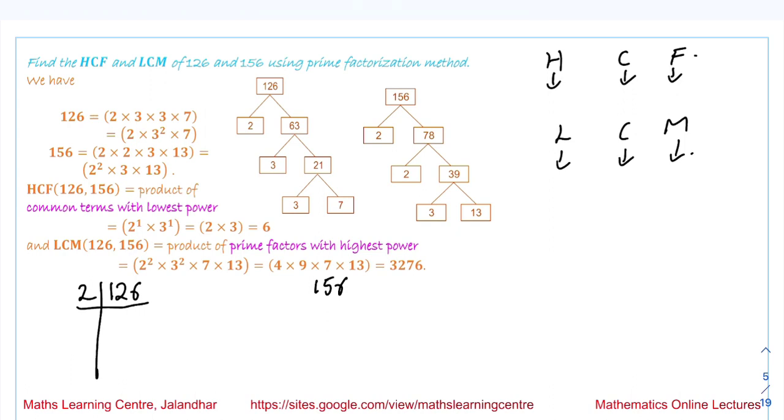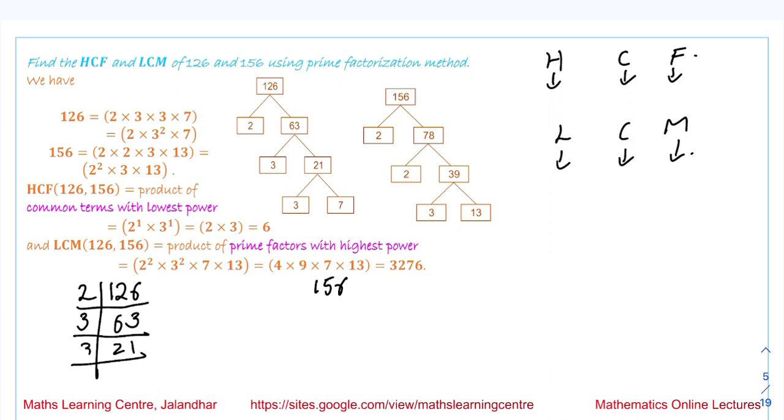So the answer we are left with is 63. Next, it is divisible by 3. In the next step, we are saying it is divisible by 3 because it is now not divisible by 2. If we look at this value, 6 plus 3 is 9 and 9 is divisible by 3. So this number 63 is divisible by 3.